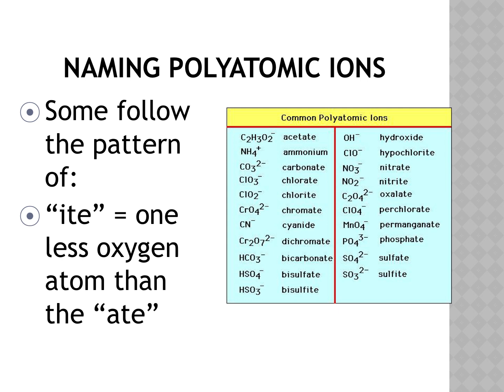Do you see there's also something called sulfite? It's just SO3 with the 2- charge. Polyatomic ions can have very similar names. Ite or ate is just addressing which one has more or fewer oxygens. So when you use this chart, you need to be very careful to get the correct name, so you're not confusing sulfate for sulfite, or nitrate for nitrite.